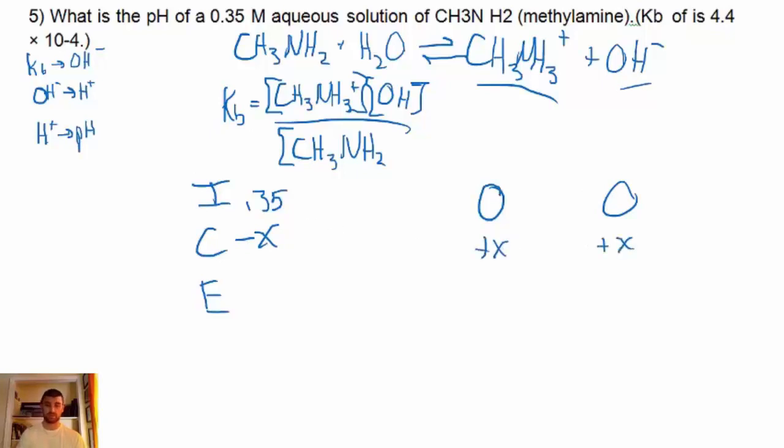So the equilibrium amount will be 0.35 minus X, X, and X. Now we can plug these into our Kb expression. So we get Kb equals X times X all over 0.35 minus X.